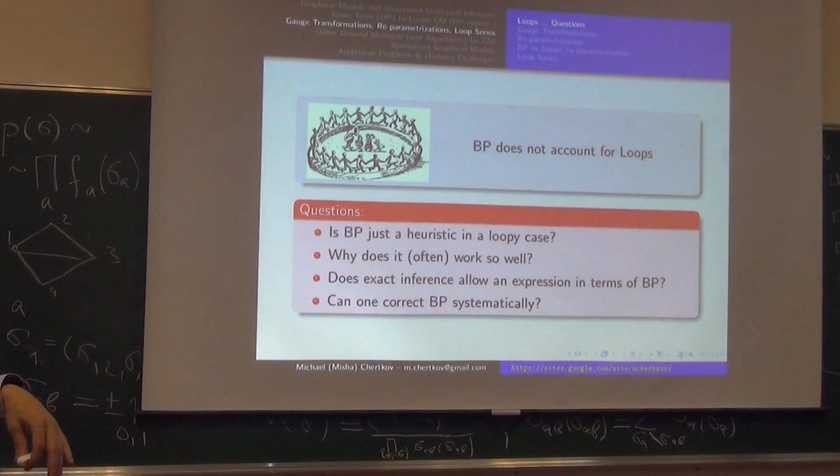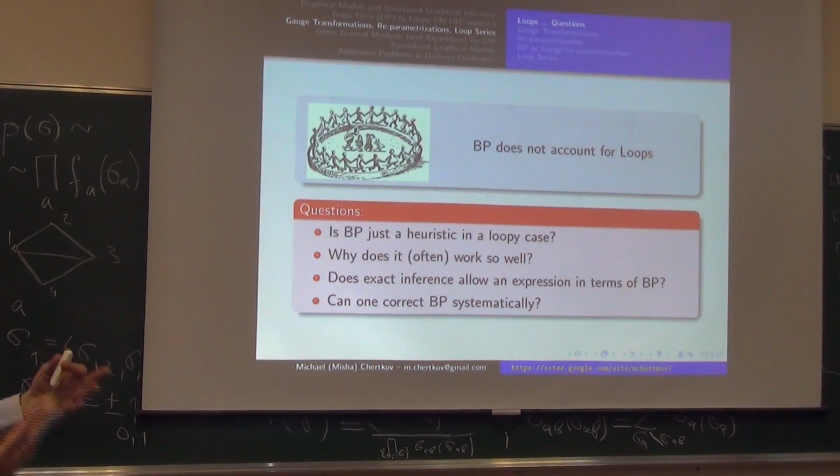Right, so we already learned that, and the kind of bad news is that belief propagation is clearly exact on a tree, but in a loopy case, well, that's what people thought, it's heuristic, and it is not exact for sure. But it works very well, and what I'll be presenting gives some arguments of why it works so well.